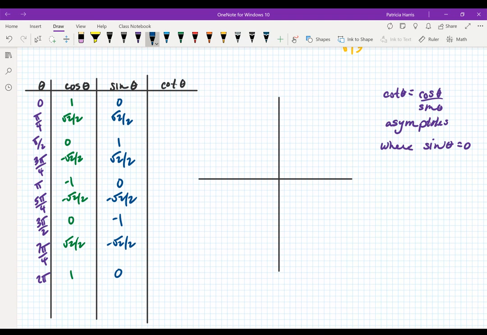Okay, so again, your asymptotes will occur where sine is equal to 0. So we're actually going to start with an asymptote at 0.